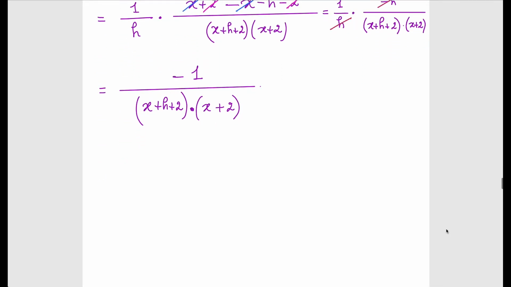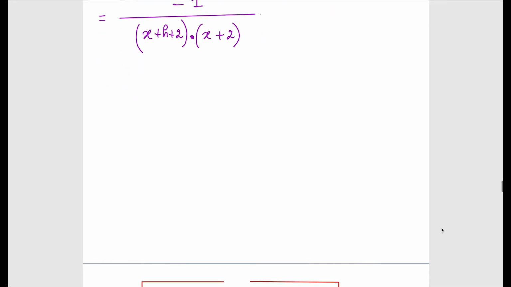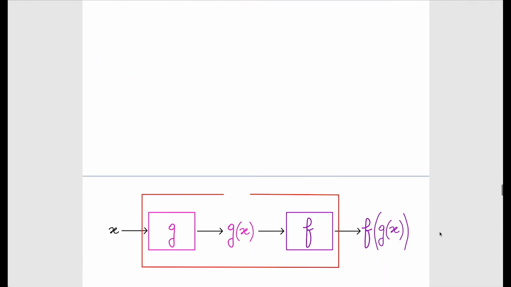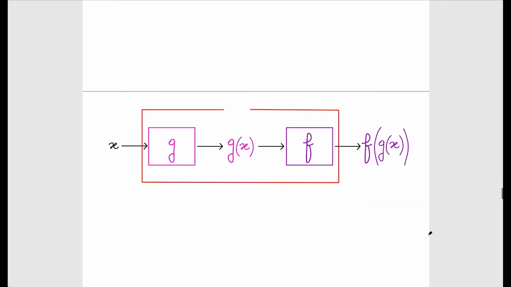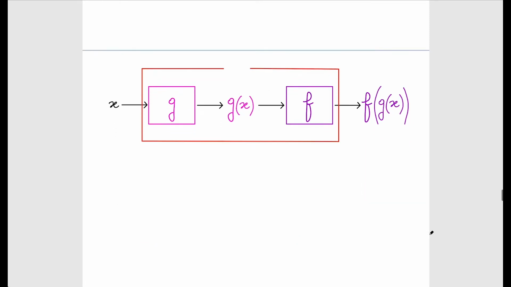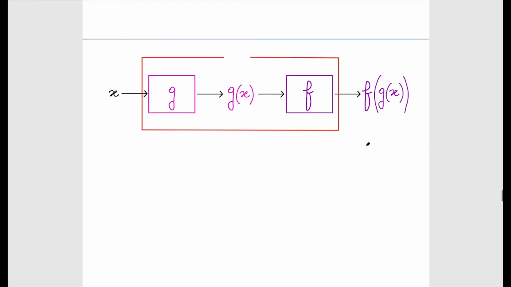Now we're gonna consider a new way to combine functions, and that new way is illustrated by this diagram over here. We're gonna think about a function as being a machine. Let's suppose we have 2 functions, the pink function and the purple function. The pink function is named g, and the purple function is named f.